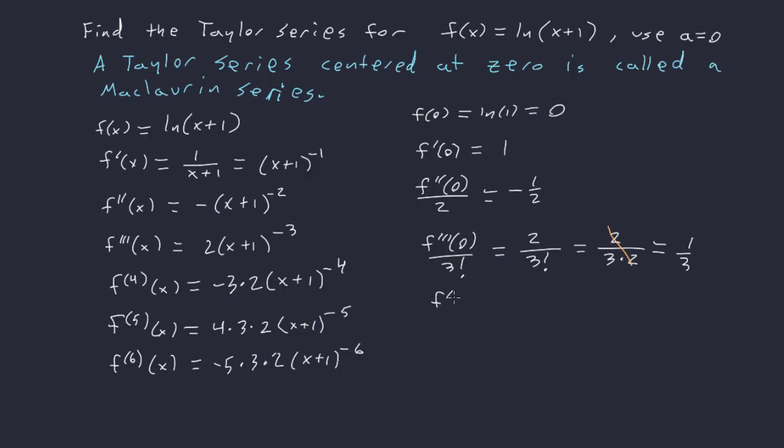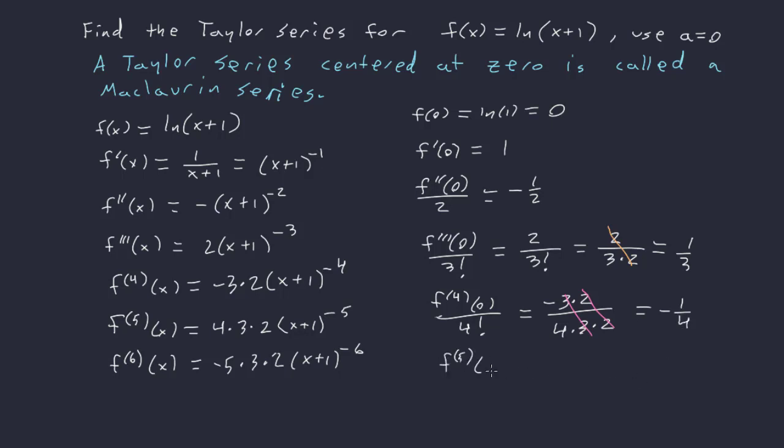Then the fourth derivative at 0 over 4 factorial, well, this is negative 3 times 2, and then down here, this is 4 times 3 times 2. So these cancel, and now we're left with negative 1/4.